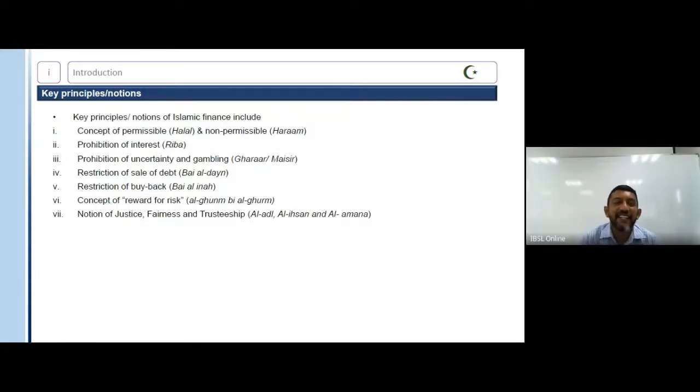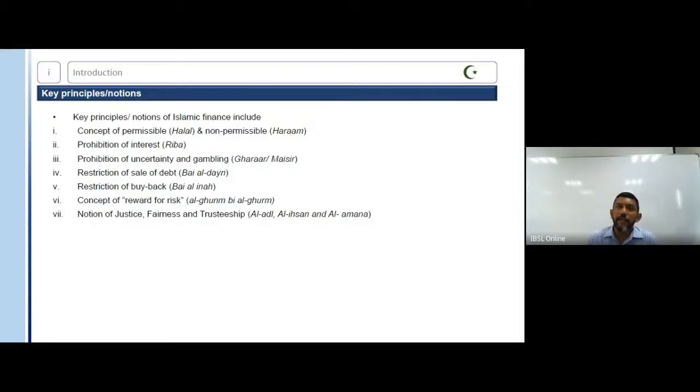No. So what we say is the rewards that come from a transaction should be based on the risk associated with that transaction. So risk being considered in pricing is perfectly okay. But what I was saying earlier is that the rewards come from risk related to underlying real sector transaction.